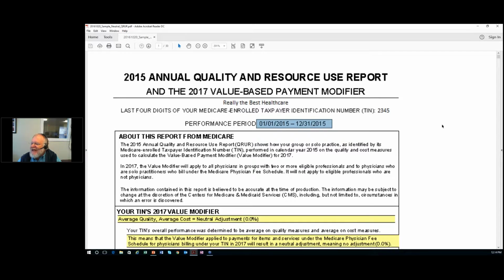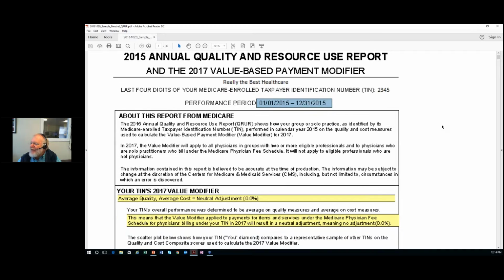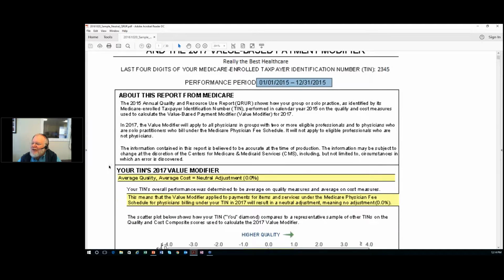Now, in the very first page, in this very upper part, is really what you need to know, and it starts with describing what your performance was on the value modifier. And here in our sample practice, we're seen as average quality, average cost with a neutral adjustment, which most people are considering great news. It's very hard. You have to be in the upper 10th percentile to be in the incentive range.